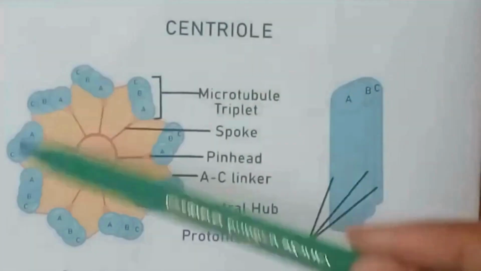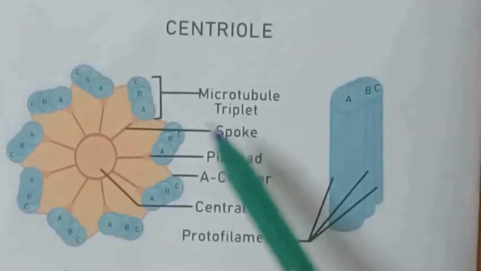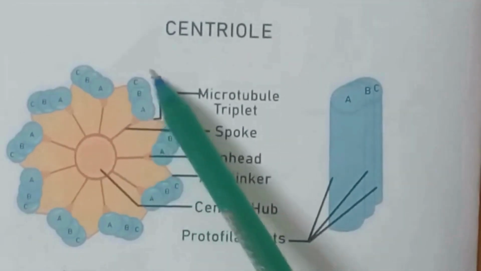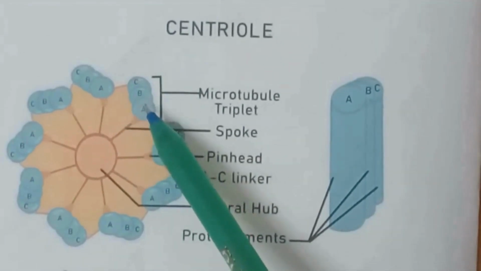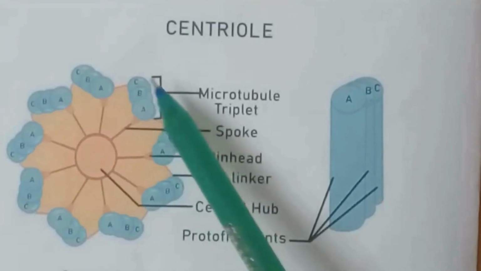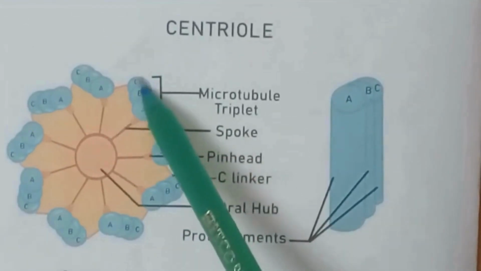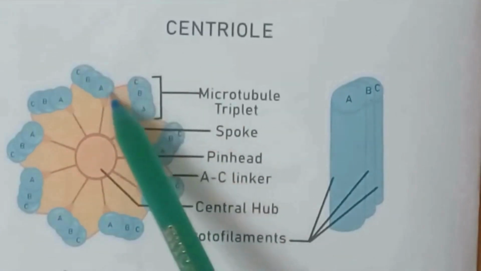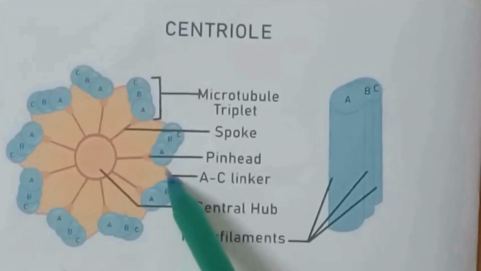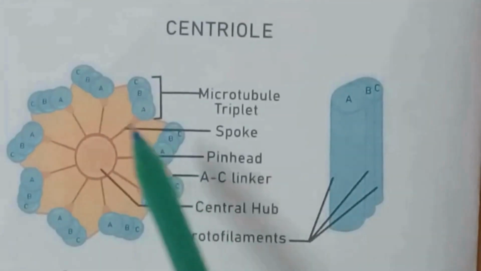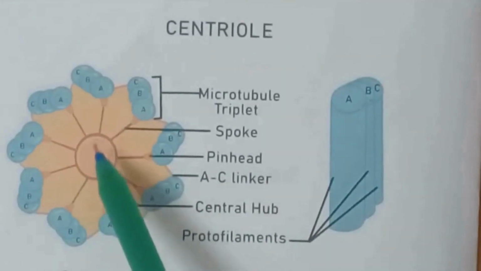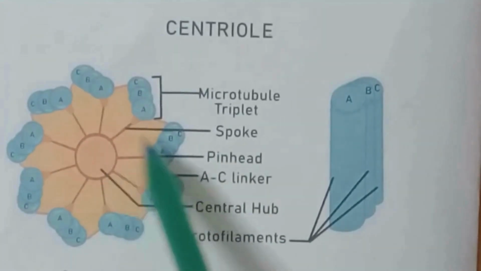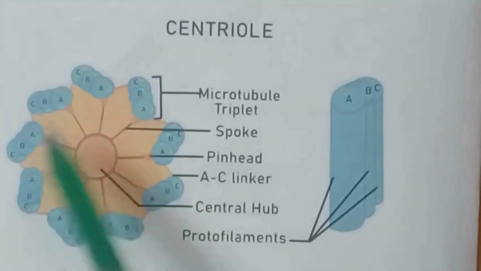Coming to the structure of centriole, it has 9 evenly spaced peripheral fibrils, known as triplet fibrils, made up of tubulin protein. These triplets are linked with adjacent triplets with the help of A-C linkers, and it also has a central proteinaceous hub which is connected to these triplets with the help of radial spokes.